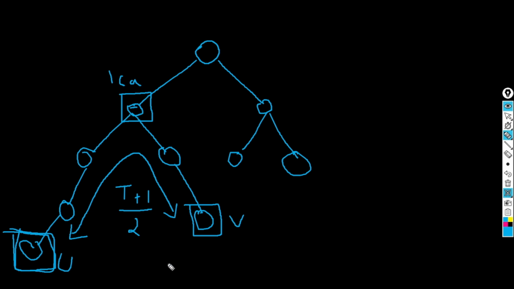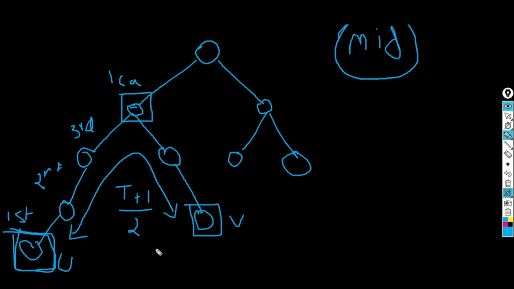So what I can do is a binary search. Basically, this will be the first node, this is the second node, the third node. I'm considering a mid node, and I'm guessing that this is the node that has a distance of this much.